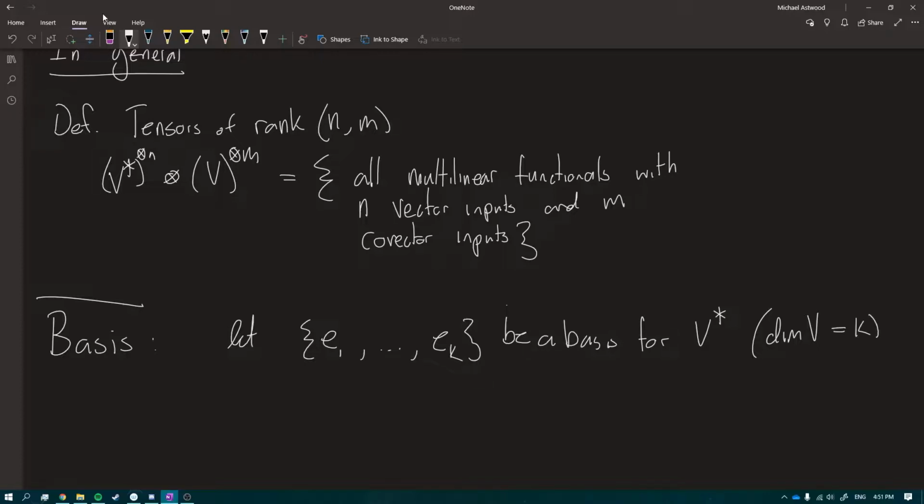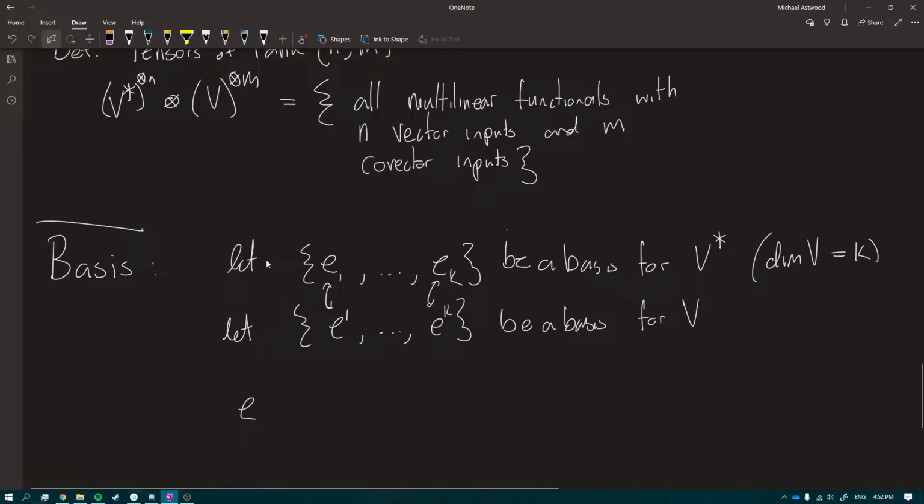Now let e_1 through e_k be a basis for V. Here the idea is that the basis vectors have the property that e^i, a covector, when applied to e_j gives 1 if i equals j, and 0 if i does not equal j.